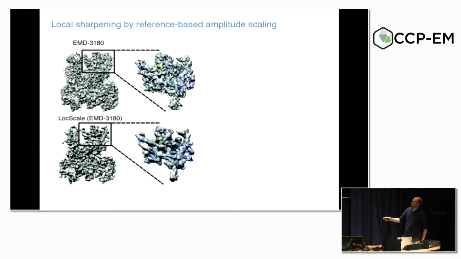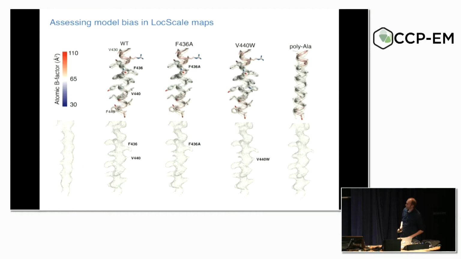So this is RNA polymerase that has been scaled locally. This is our own structure, so I can show this. That is actually not very good in the parts that are at very low resolution. So you see that's a very noisy part, but if you scale locally, then you're actually, in one go, correcting both for the local resolution and for a correct scaling factor in sharpening.